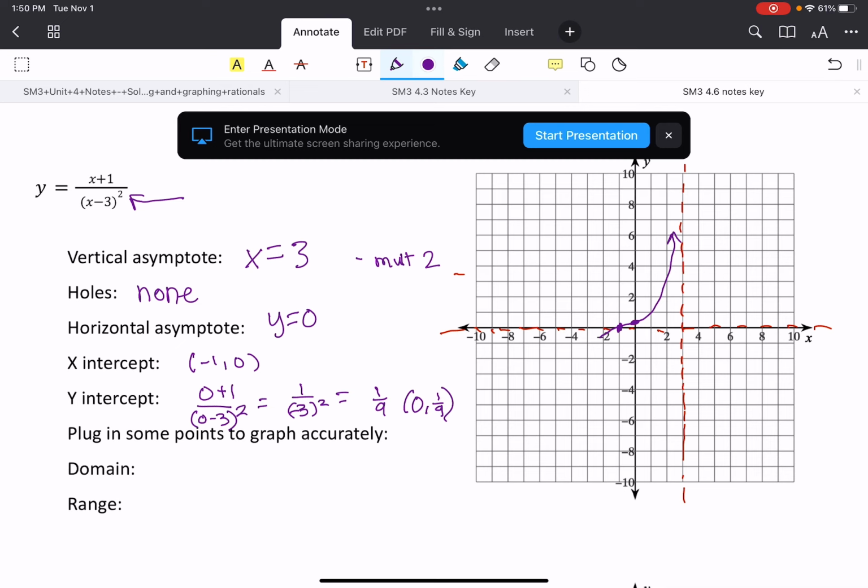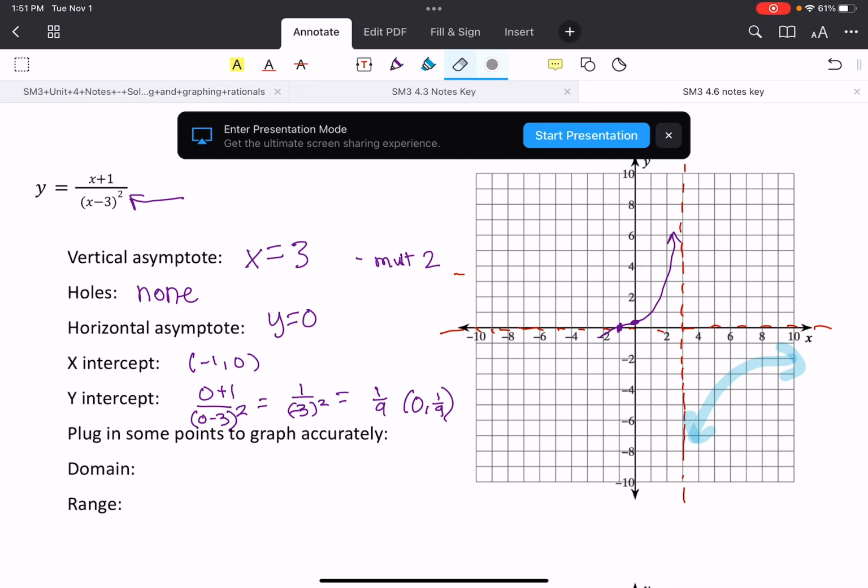So can you agree that this part of the graph is either going to look like that or like that, right? But one of those can't be, because of the even multiplicity. Do you see how on this one here, my vertical asymptote is approached with a sign change?